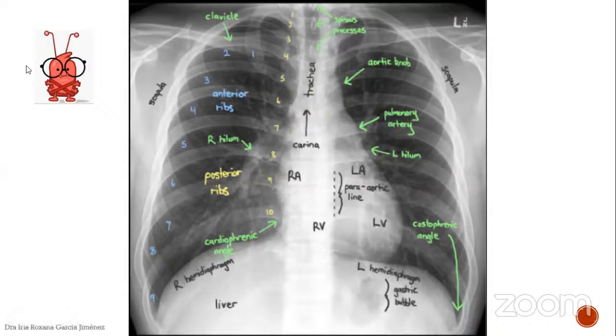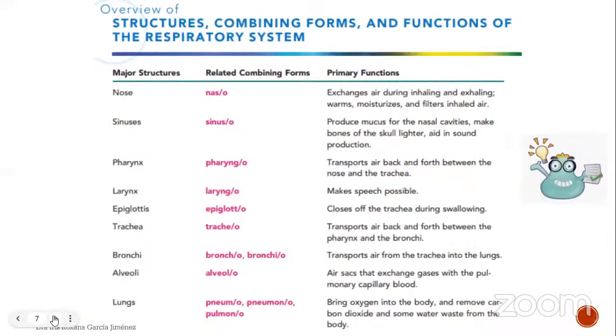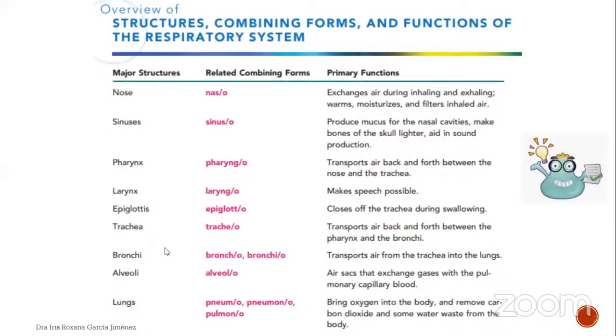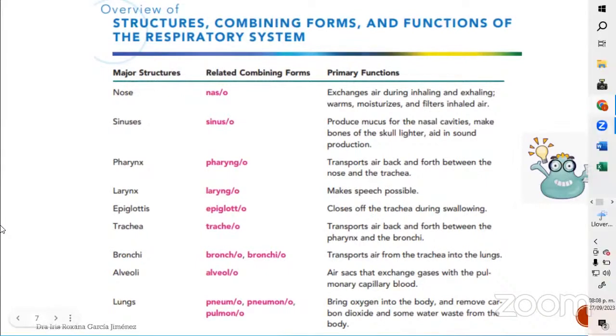Just a review, but try to memorize this, okay? Now I have this amazing chart, I think, structures and combining forms. While talking about structures and combining forms, we must consider all of the structures and all of the combining forms, because of the grammar details they offer to us.